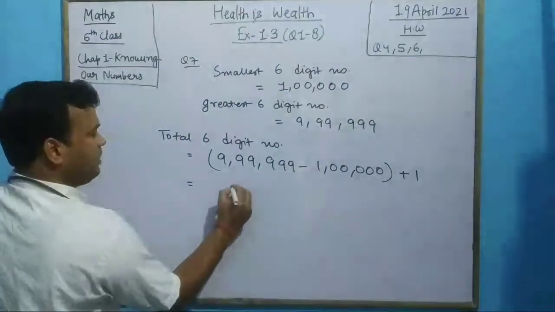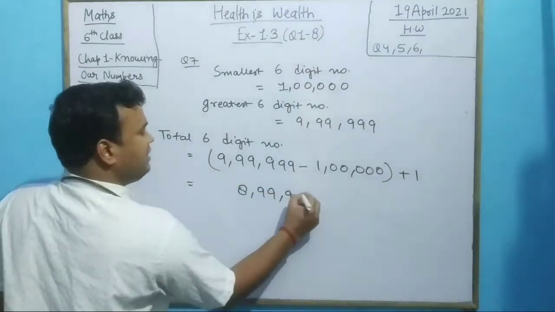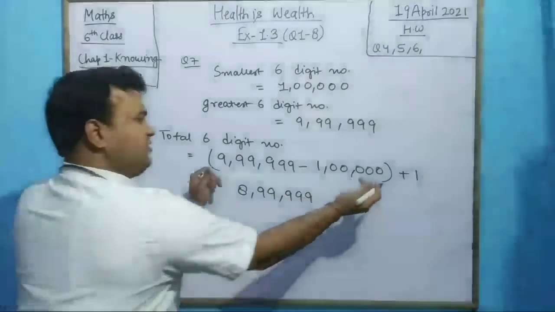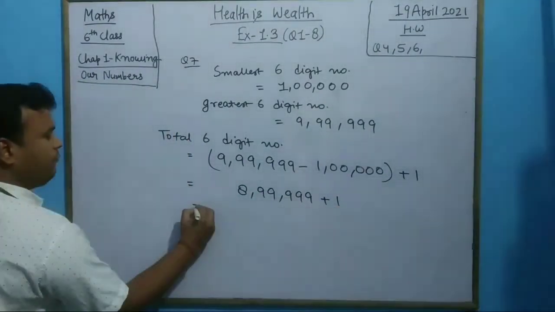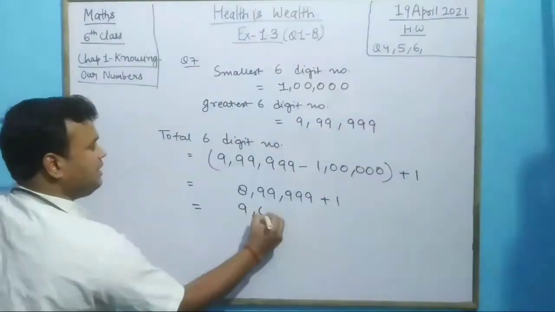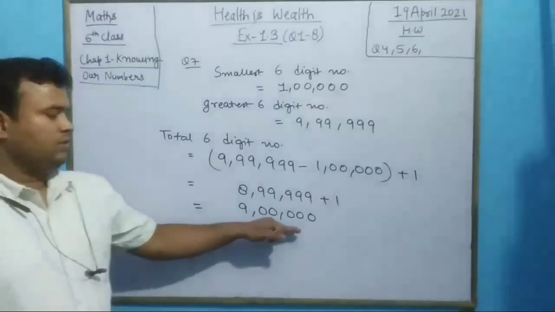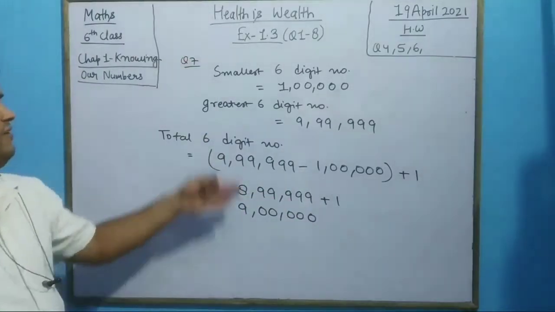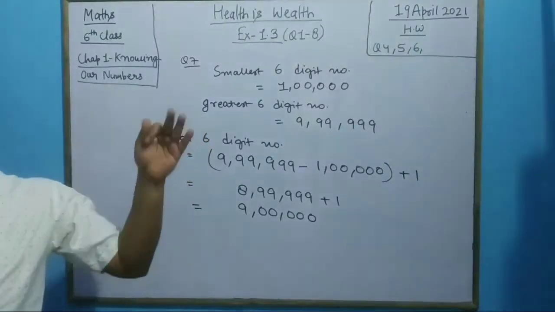What it comes? It will be 8,99,999. Now just add 1 to it. It will be 9 lakh. Just do it in the rough work. So this is the total number of 6-digit numbers which we can write. Let us see the next question.